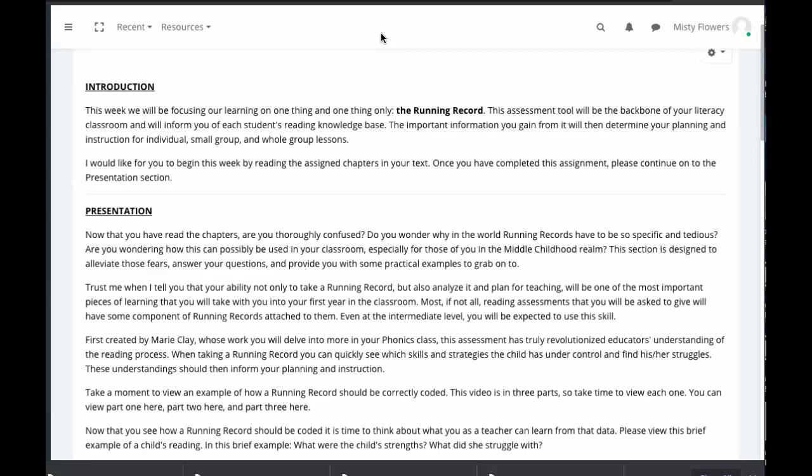Now, during the running record, if a child gets to a tricky part, they might turn and look at you. You can only say, "You try it." During the running record, you are a neutral observer. You cannot intervene in the reading.